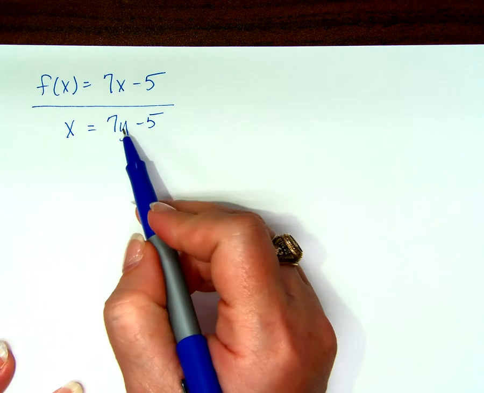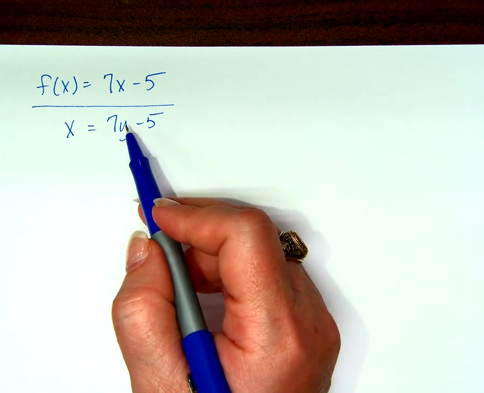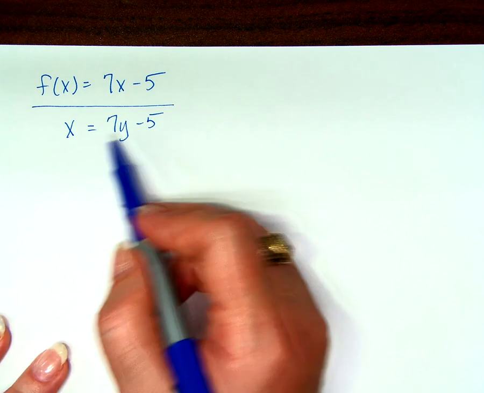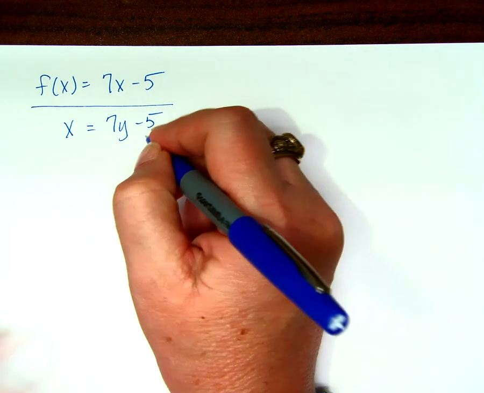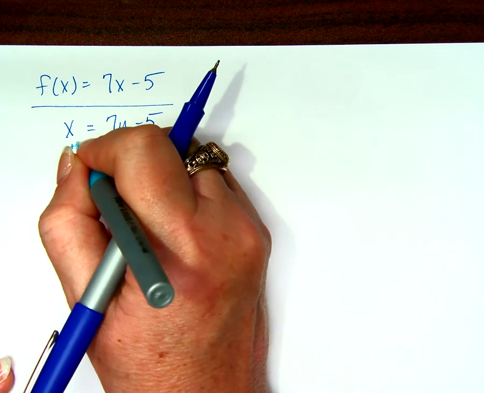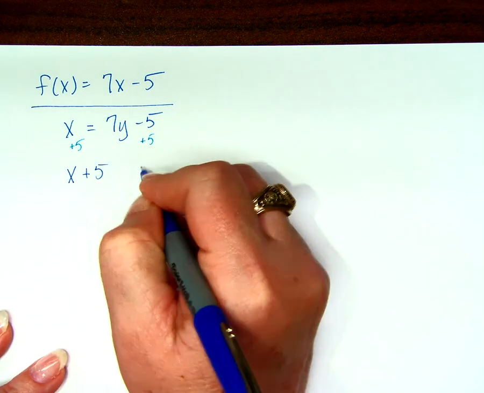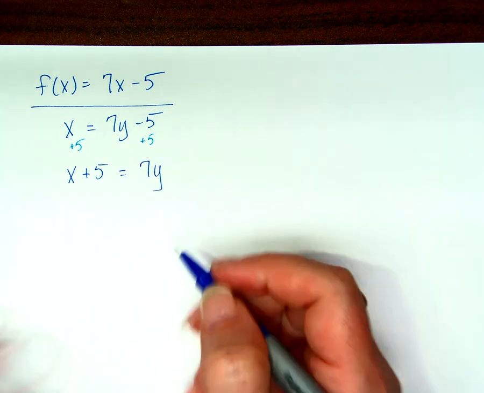Why can't I just put f of x here instead? Do I know for a fact this inverse is a function? I don't. So I'm just going to use y for now. To solve, I add 5 to both sides because I'm just trying to solve for y to find out what the inverse is, and from there I can decide if it is a function.